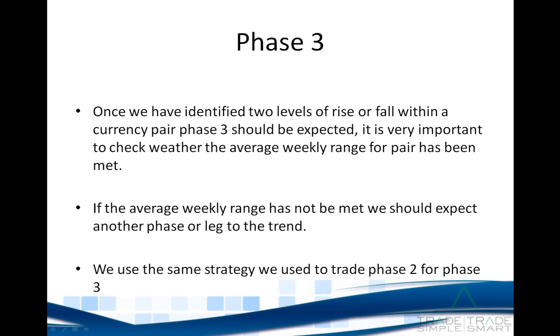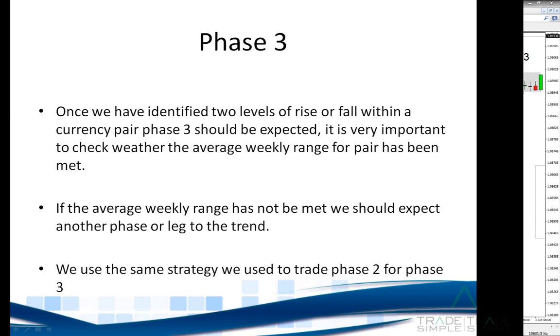When trading the last leg of a trend, we have two directional moves behind us, so it adds even more weight to the expected direction, and we're simply going to look for levels of manipulation in line with the two phases that have already unfolded, and then trade accordingly. So we'll have a look at an example of trading phase 3.